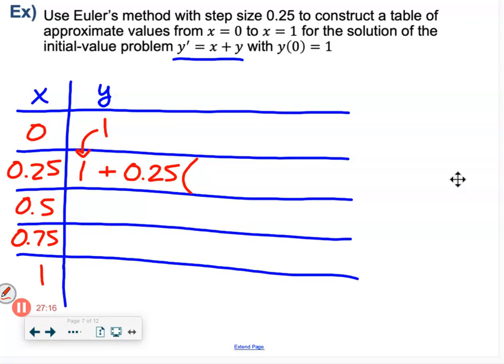So you plug in the previous point into your derivative equation. New y equals previous y plus your step size times y prime of the previous point, the previous x and y. All right, so this ends up totaling to what? 1.25.